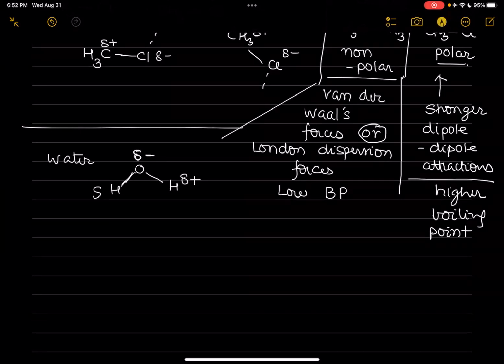Similarly, this bond also has partial charges on H and oxygen, so this also has a dipole moment. Is it clear? Another water molecule will also have the same kind of thing. That will not be different from this one.